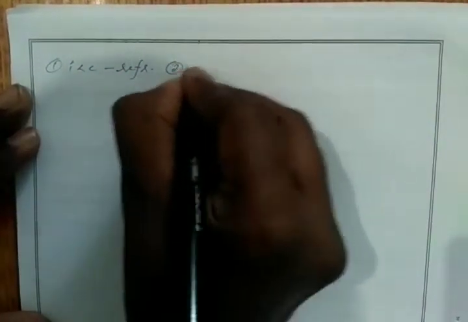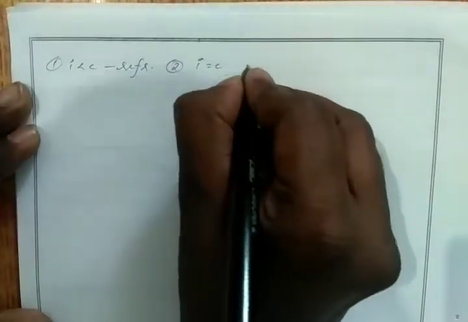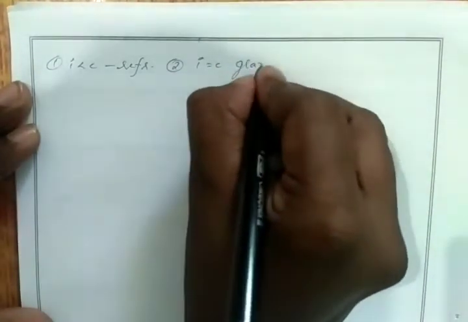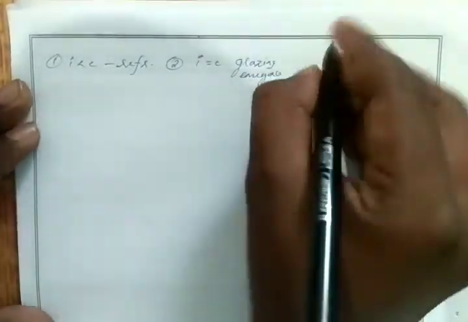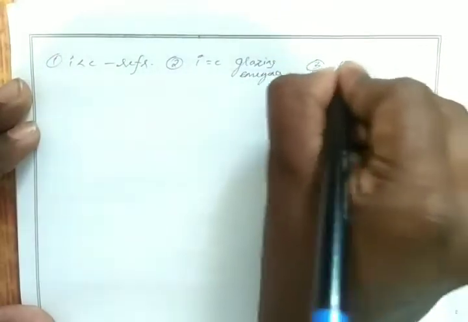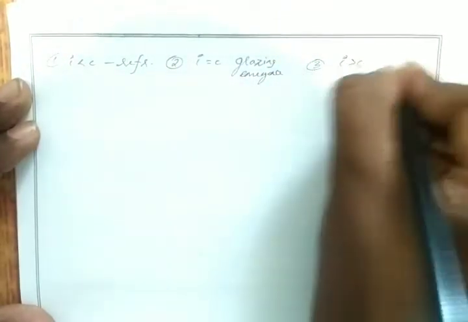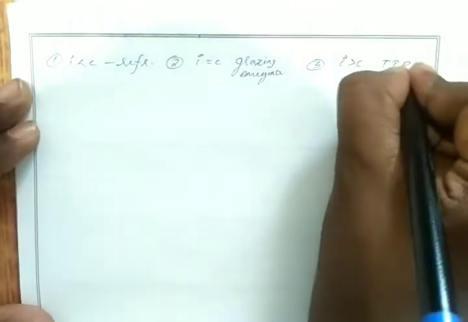So in the first condition, incident angle less than C, then the refraction takes place. Second condition, incident angle equal to C, we say it as grazing emergence. Then incident angle greater than C, total internal reflection will happen.